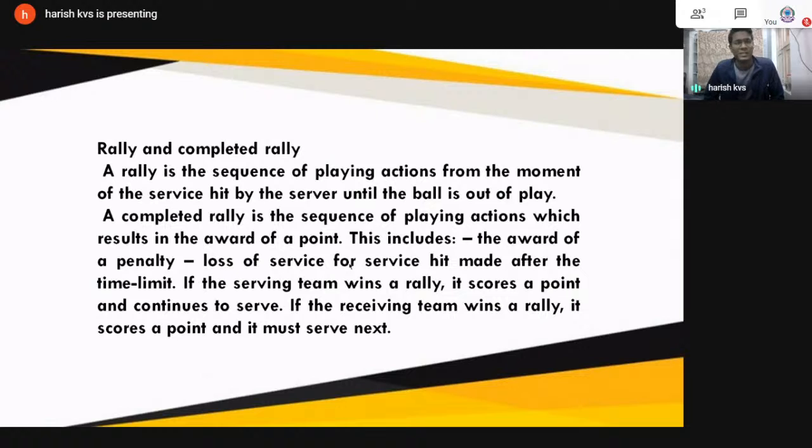If the match starts again, let us observe that the match is started by a toss. After the toss, one of the sides chooses either to serve or receive. If it chooses to serve, the opponents will choose the side of the court. So let us suppose the match is getting started with one team choosing to serve.